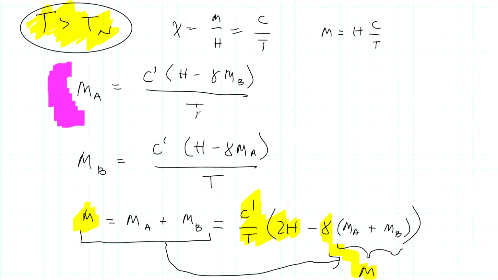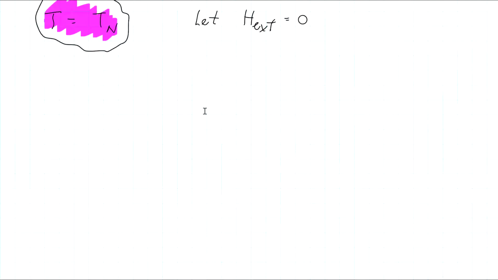We do not care if it's above or below. This is just an expression. Well, at Neel temperature, there are a couple of things happening. First, we'll have external field equals 0. Second, T equal to Neel temperature.